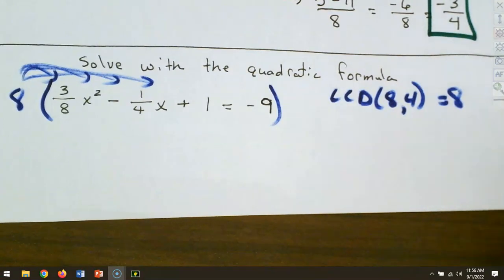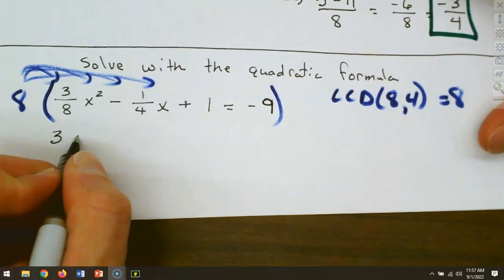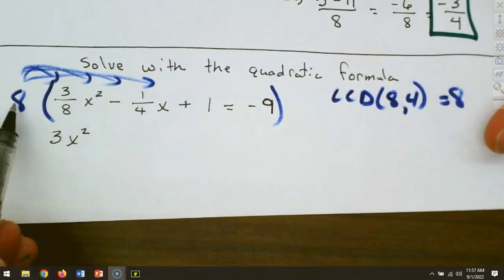So when we clear these fractions, how does it work? We divide by the number down below, the denominator, and multiply by the numerator. So divide, multiply. 8 divided by 8, well, that is a 1 times 3, that makes it 3x squared.